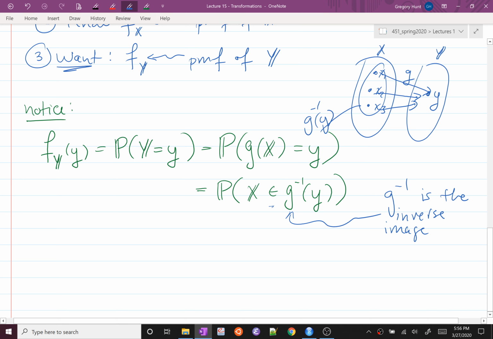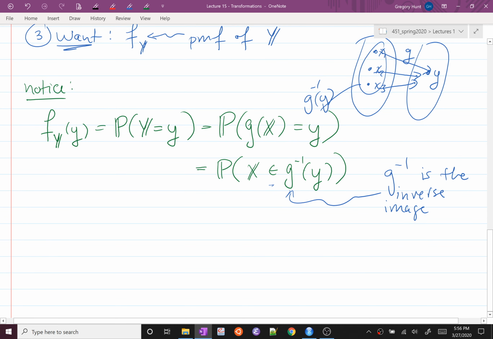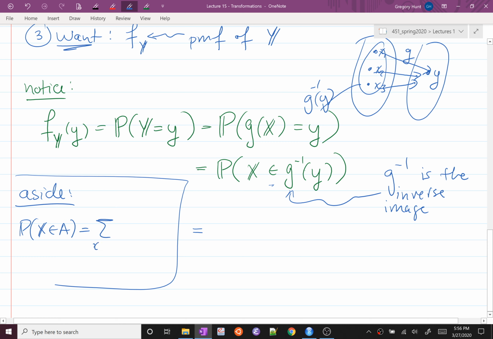Another way to read this is the probability that my transformation of x is equal to y is the same thing as saying the probability that x is in the set of things where, when I put them in g, give me y. Okay, so that seems to make some sense. And we know from our dealings with PMFs, as an aside, remember that the probability that some random variable x is in some set A, I can just sum my PMF for x over A. So I sum over all little x in A, my PMF f sub x.